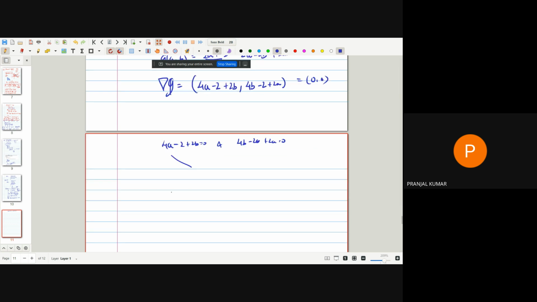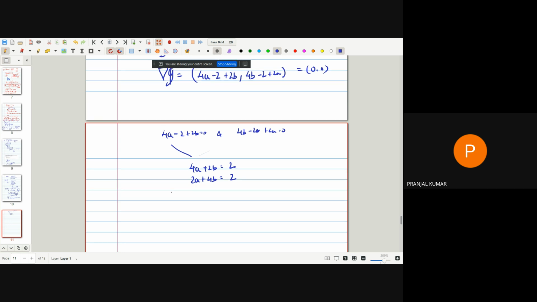So these are just linear equations. You can directly solve them. So 4a plus 2b equals 2. Then 4b plus 2a, so 2a plus 4b equals 2. So just solve this. I will multiply this by 2 and then subtract it. So what will I get? 2b minus 8b, minus 6b.